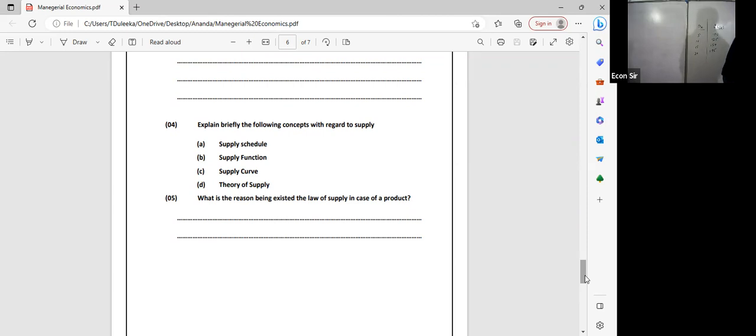Supply function. මොකද්ද supply function කියලා කියන්නේ? සැපයුම් සමීකරණය.